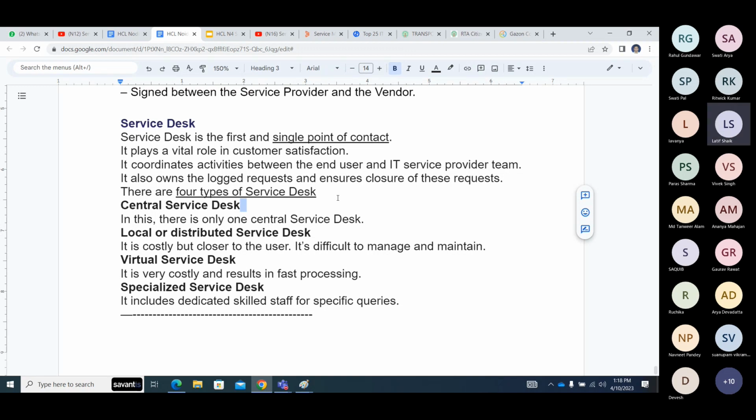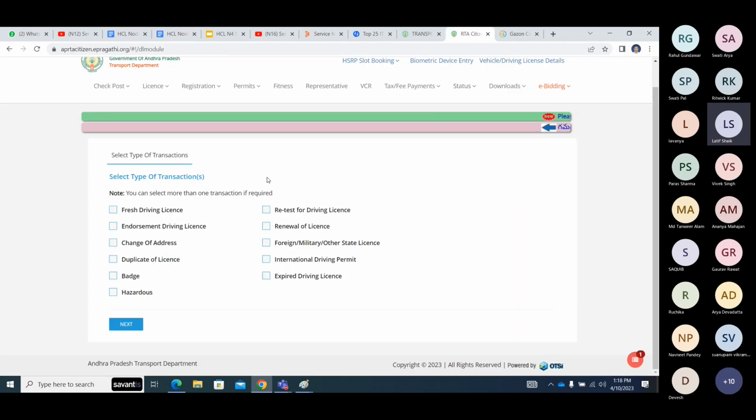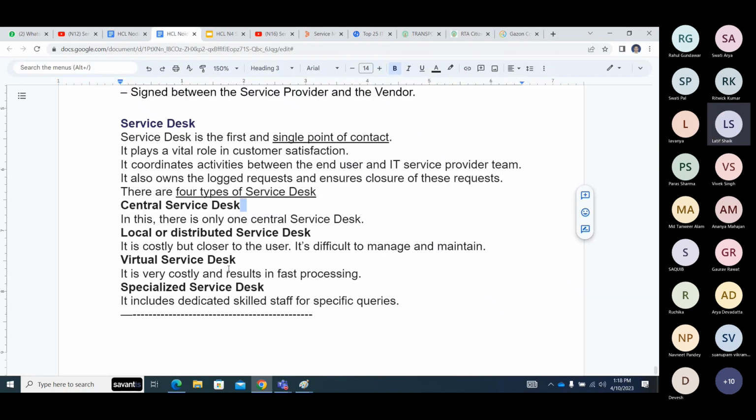Virtual service desk gives fast processing. As I said, self-help portals are designed so issues resolve automatically. You give a complaint and immediately get a response. It is a pre-designed virtual service desk for the customer issue, and it can be processed very fast, but it is software based, completely 100% software.